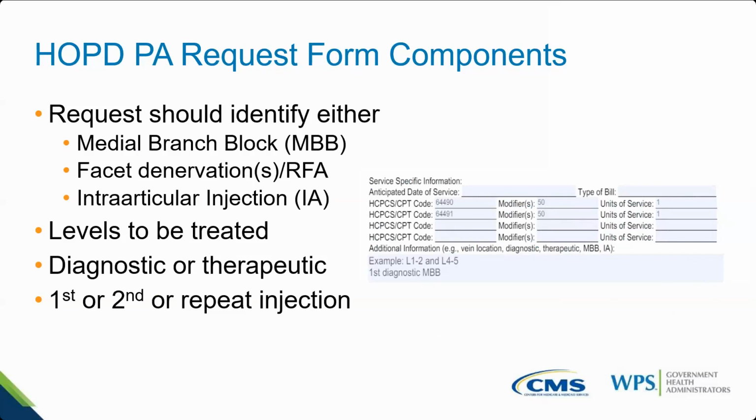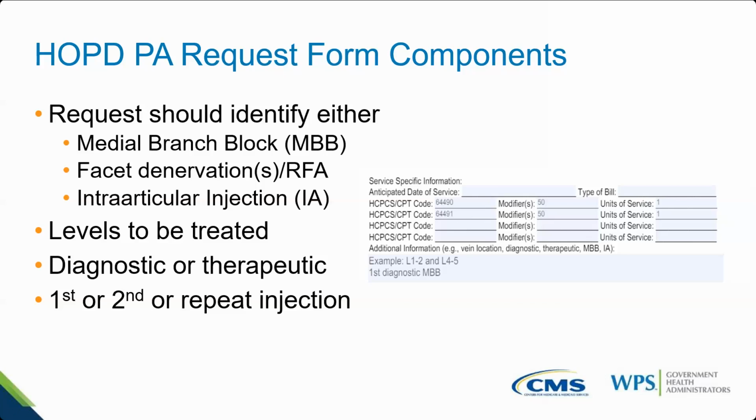One of the biggest reasons for non-affirmed decisions right off the bat is the request forms don't always contain the information that we need to know about the service you're going to be providing. So as we go through the documentation examples today, I want you to pay close attention on how you can better use this form and use it to your advantage to help you receive an affirmed decision the first time.